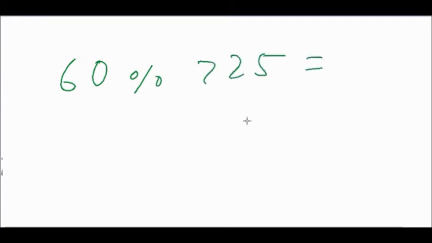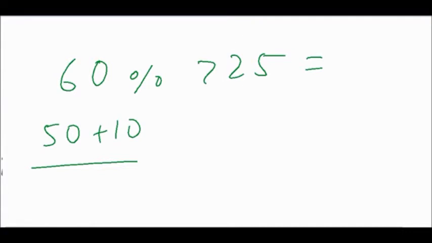Now again we will take another example. Let's say we have to calculate 60% of 725. How shall we do it? 60 can be divided into 50 plus 10. 50% is half of this number.